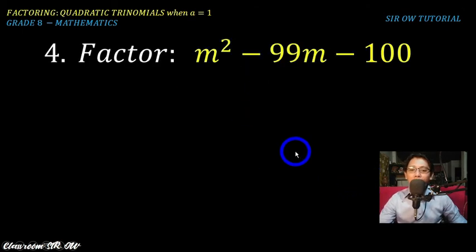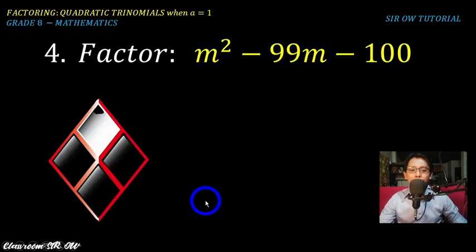Question number 4. m squared minus 99m minus 100. This would be our last example. Using the diamond method, the upper portion is the constant term of the trinomial, which is negative 100, and the lower portion is the coefficient of our linear term, which is negative 99.